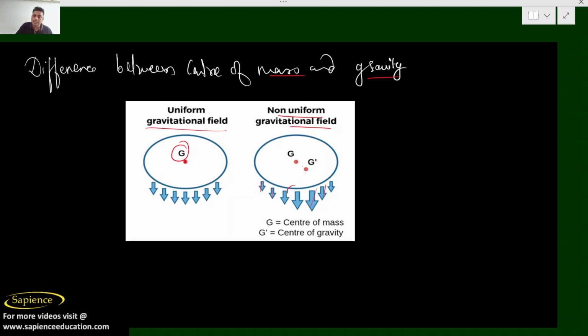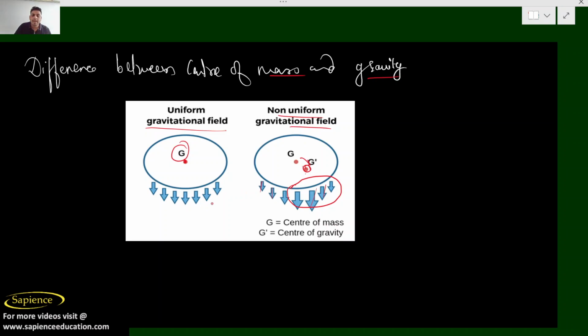So if in this region there is a stronger gravitational field, then instead of being at the center of mass here, this G, the center of gravity, is shifted toward the right side. Why? Because there is a stronger gravitational field.